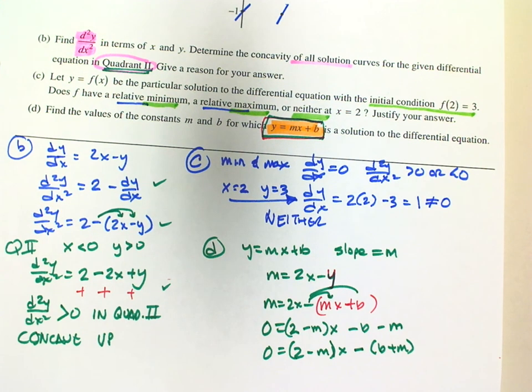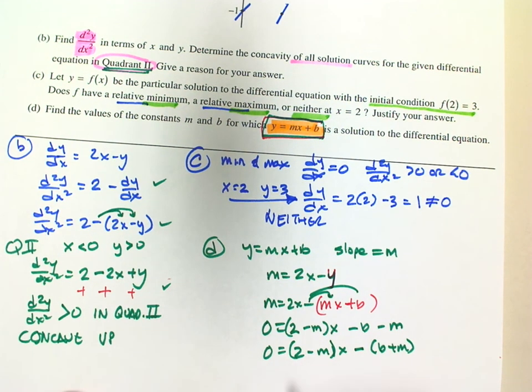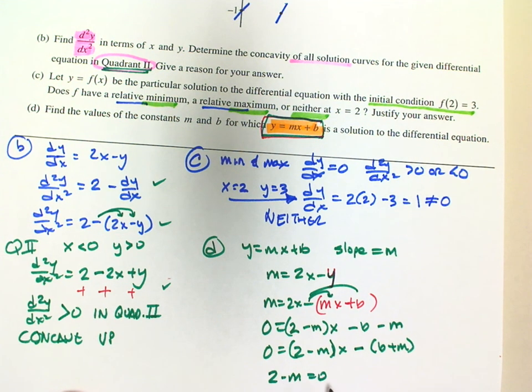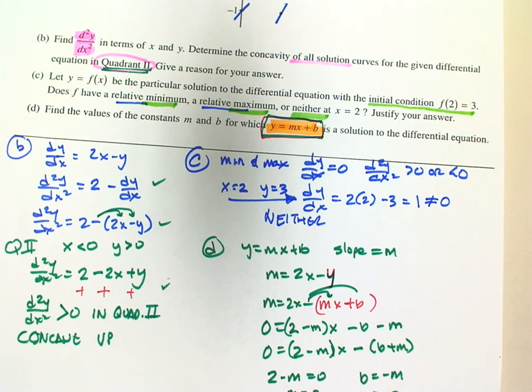When I look at this, I can say, well, let's set this equal to 0 here. 2 minus m equals 0, which would mean that m would have to equal 2. Okay? When this is 0, that would mean that b has to equal the opposite of m. If m is 2, then b would have to be negative 2. That is the conclusion to that problem.